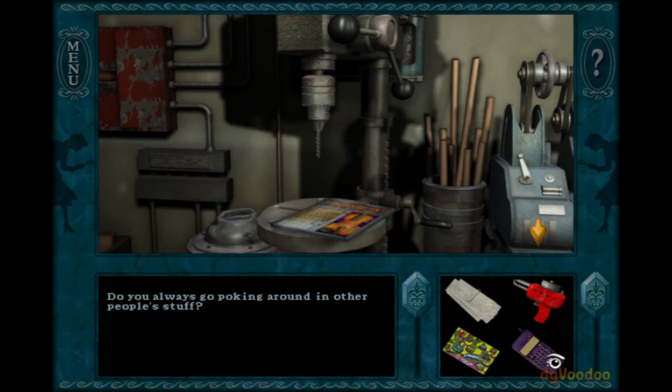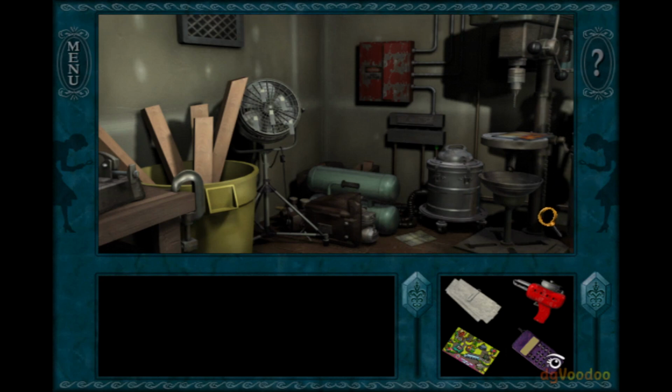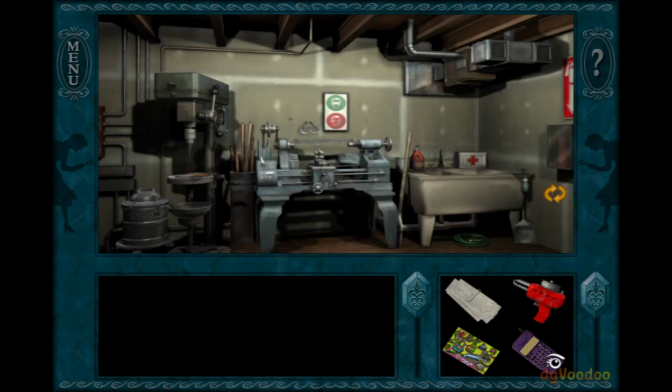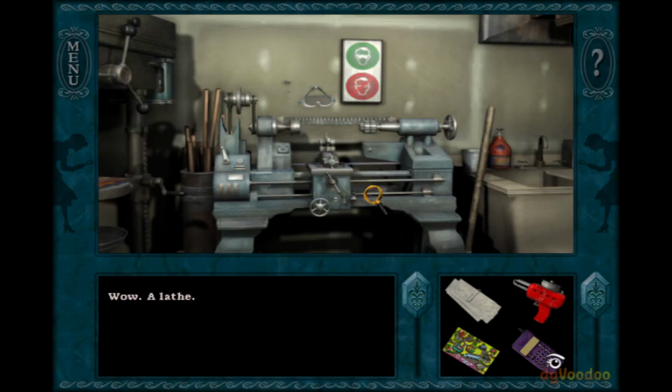I'm a detective. It's kind of an occupational hazard. Wow, a lathe. Or like a useful character flaw for a detective to have.